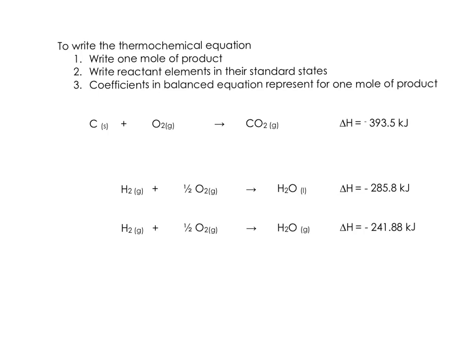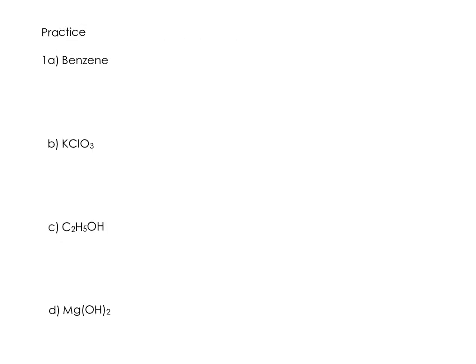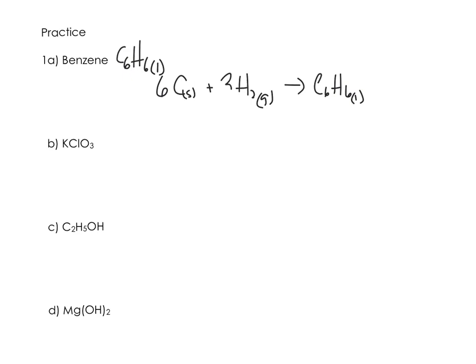But you'll notice for all of these that we have only 1 mole of product. So let's do a couple of examples. Benzene, C6H6, liquid at room temperature. Carbon and hydrogen make up benzene. So to balance, we need 6 of these and 3 of these.